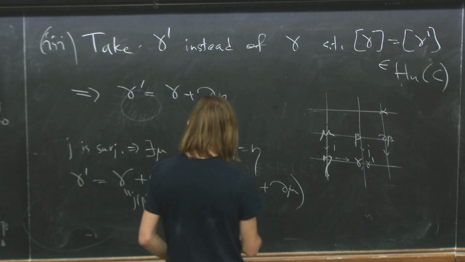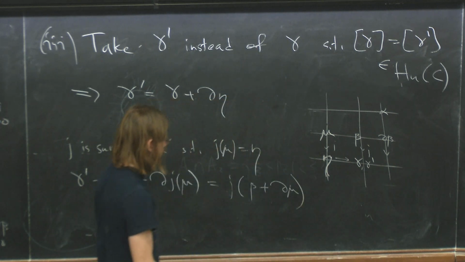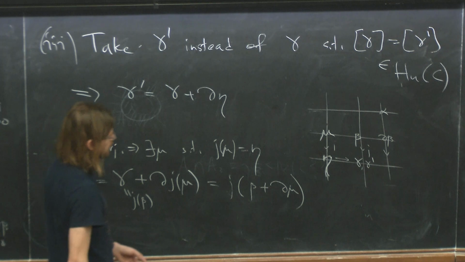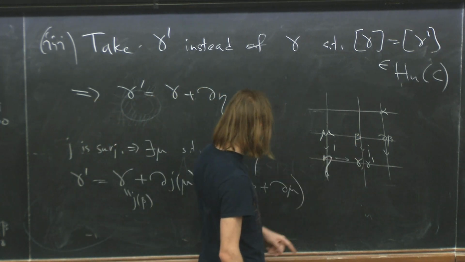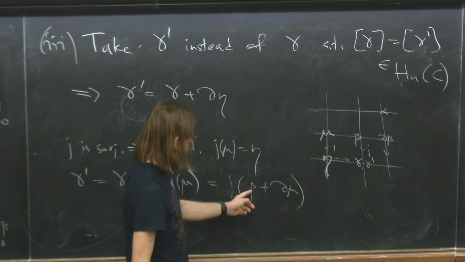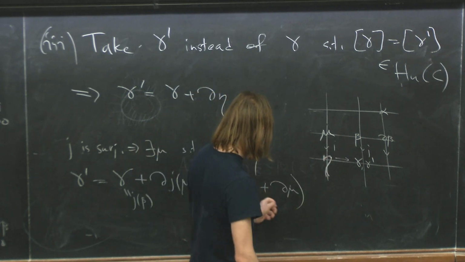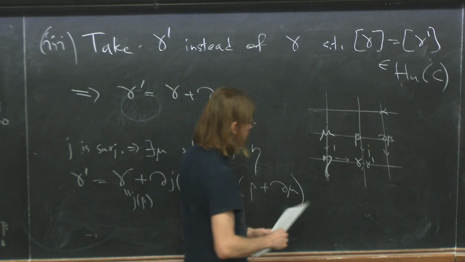And this tells us that once we change gamma to gamma prime, this is equivalent to changing beta, its preimage, to beta plus d mu.